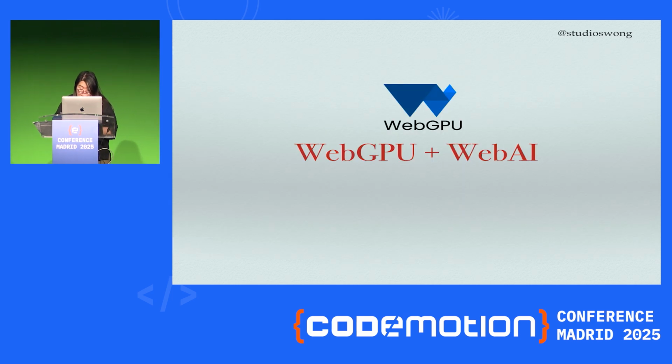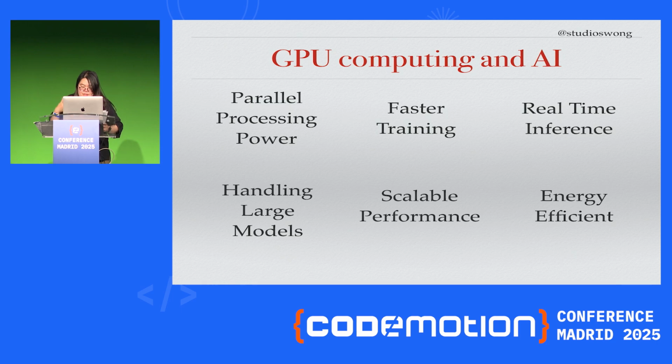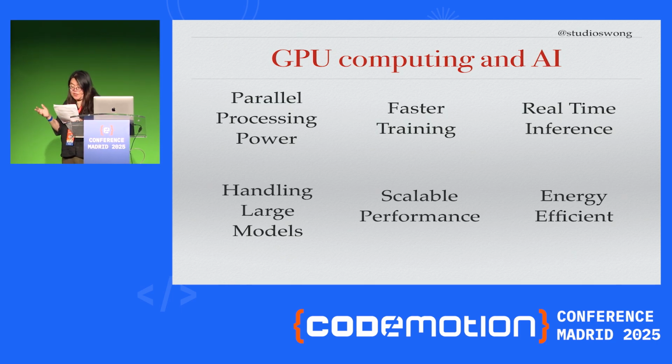Okay, so this actually brings us nicely to the next section on WebGPU. Before we dive into WebGPU, we need to look into why the GPU is very important for AI models. Similar to CPU computing with Wasm, it allows parallel processing, and particularly it's much more powerful in that it can handle thousands of operations simultaneously, and it can accelerate a lot of AI tasks, again, like matrix calculations and neural network training.